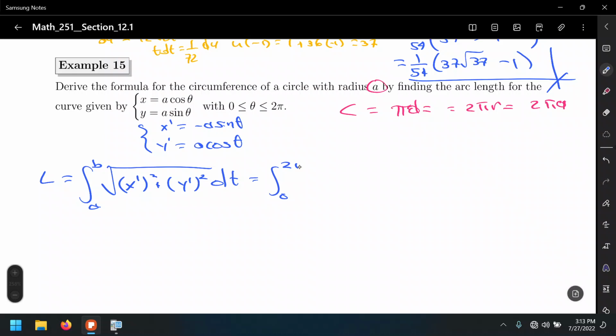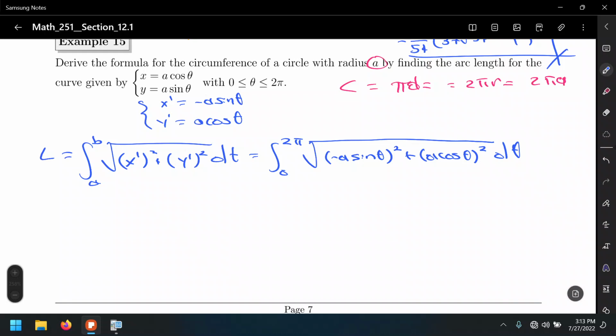The integral from 0 to 2 pi, that's the square root of the square of the x equation, that's negative a sine theta squared plus a cosine theta squared with respect to theta. Well, let's square this. That's going to become positive. That's a squared sine squared plus a squared cosine squared.